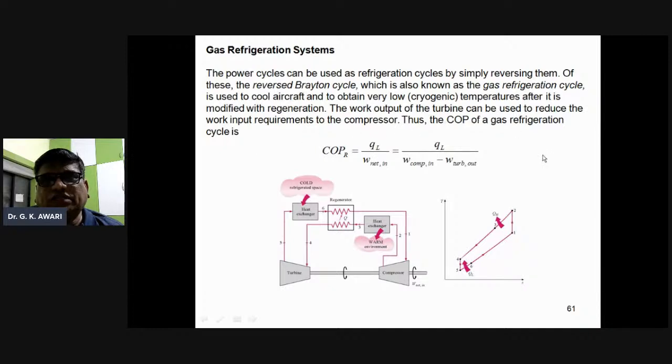The work output of the turbine can be used to reduce the work input requirement of the compressor. You can see here the gas refrigeration system: the compressor is connected to the turbine, which runs the compressor, and then the heat exchanger, the regenerator, and the warm environment heat exchanger.